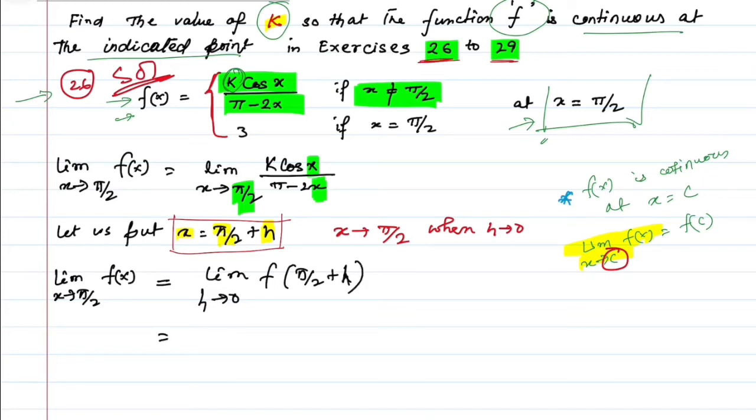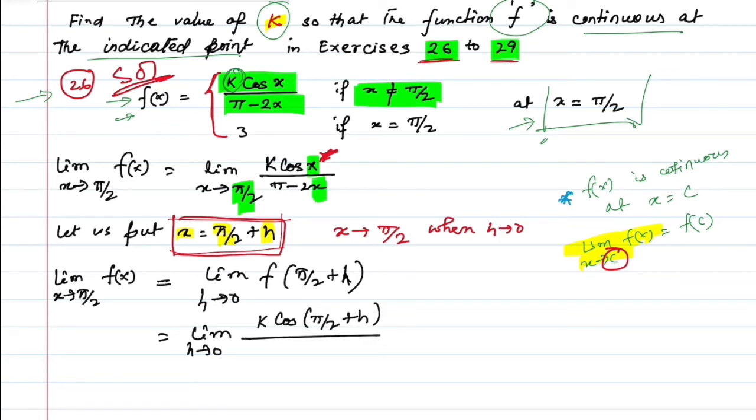Replacing x by pi by 2 plus h, we will get limit h tends to 0 k cos of pi by 2 plus h by pi minus 2 into pi by 2 plus h.